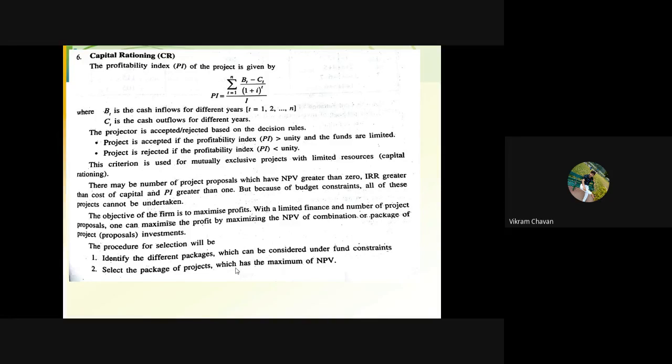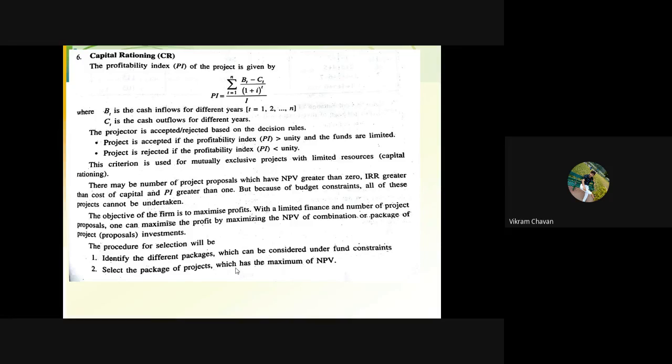This criterion is used for mutually exclusive projects with limited resources, capital rationing. So if an industry has limited resources and the company does not want to invest in a new project whose investment is very high, this capital rationing criterion is useful.